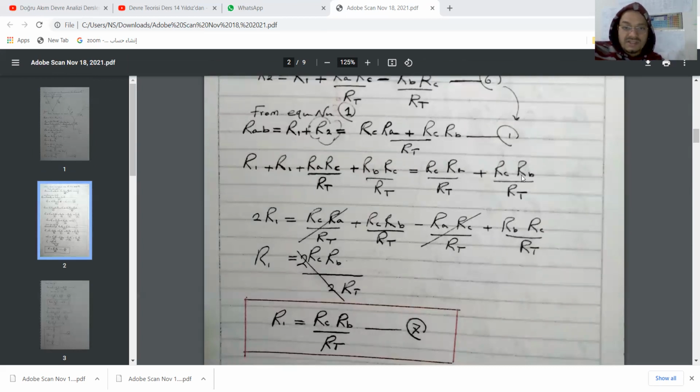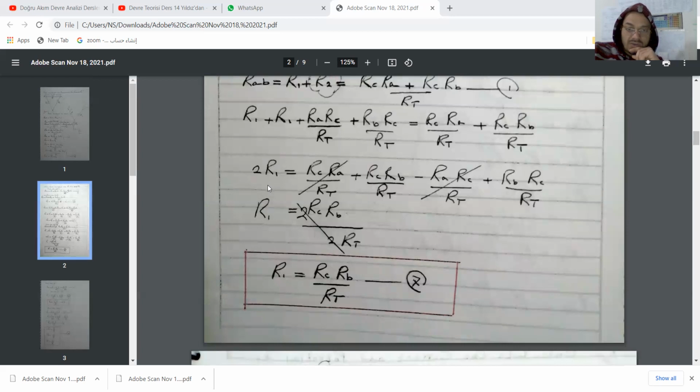We will delete all these, the same result, and add the same sign but on different sides, because of that we can delete it, or we can do it like that. Here R1 equals RCB on RT.